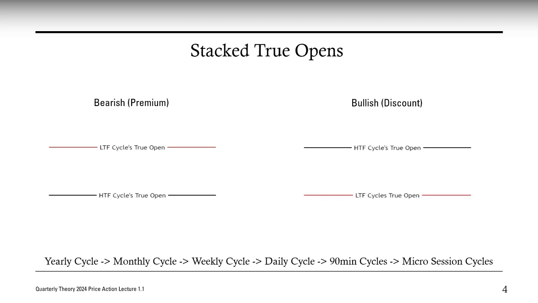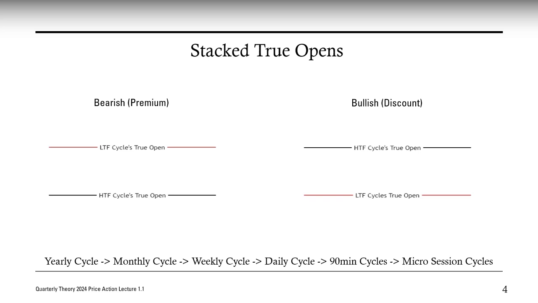Right? So if you're looking at the 90-minute cycles to trade, which for 90-minute cycles you need the 5-minute time frame, right? Write this down. You need a 5-minute time frame when looking at 90-minute cycles.